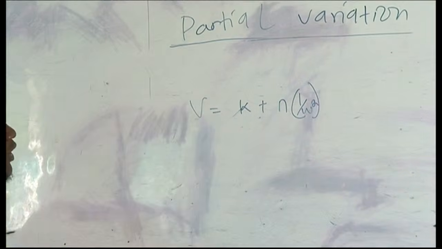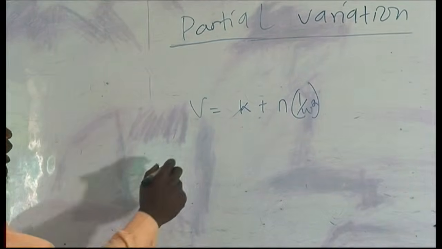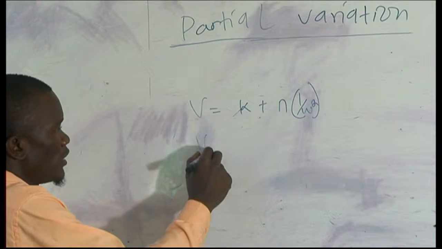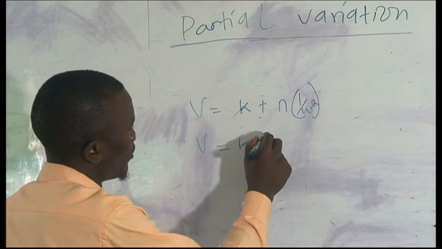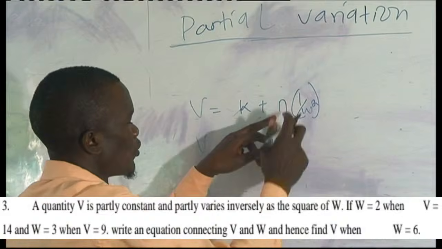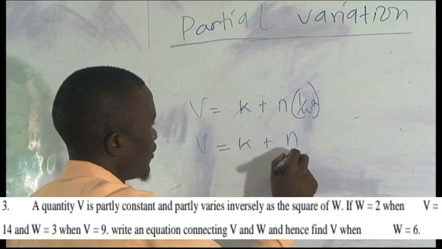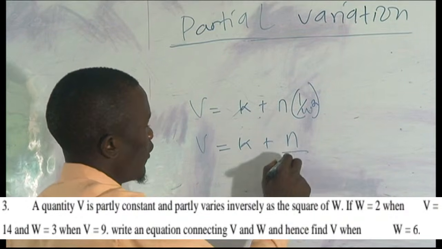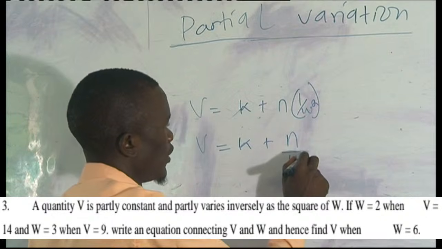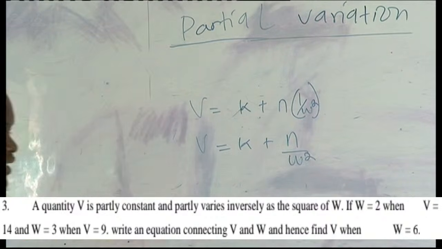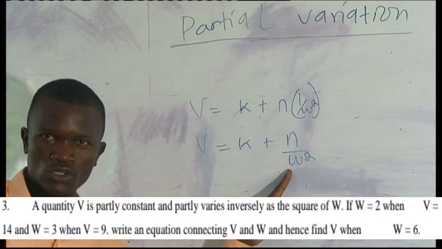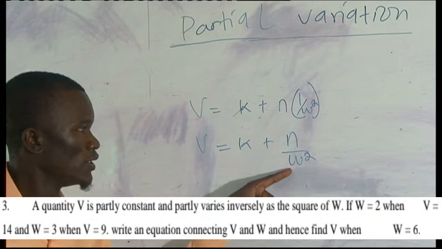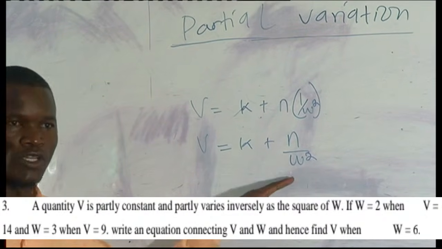And we can simply say that our equation is V is equal to K plus, if you multiply the two here, N over W squared. To mean V is inversely proportional to the square of W.